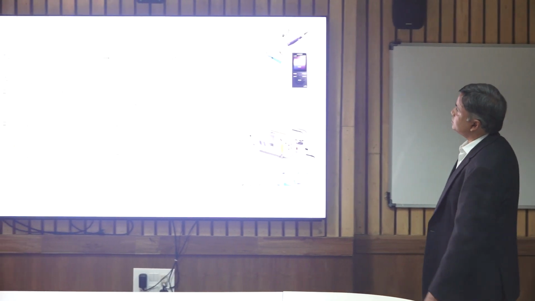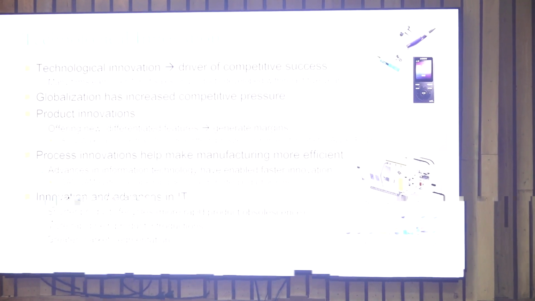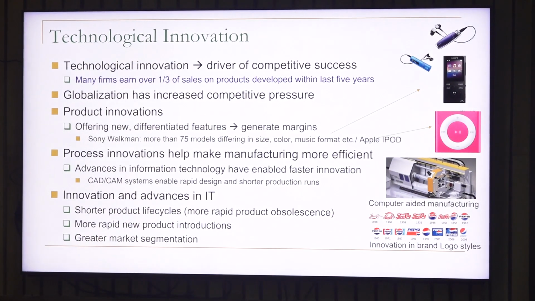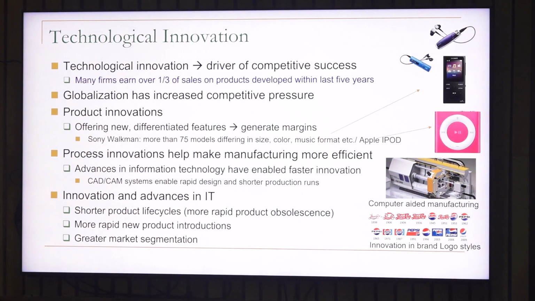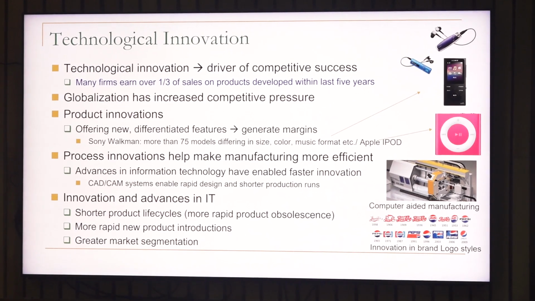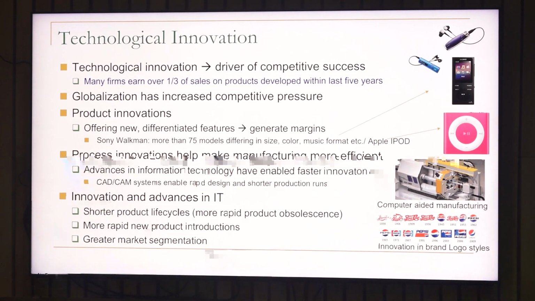Technological innovation is a driver of competitive success. Once upon a time when I was a kid, I had a Sony. It was not Sony, it was Philips. It had a cassette. So that is now an obsolete product. In 2005 probably I purchased a laptop, and as a gift I got this small Apple device, 1 inch by 1 inch.